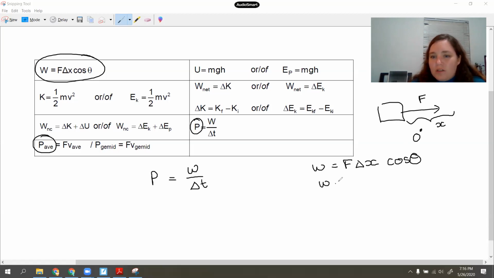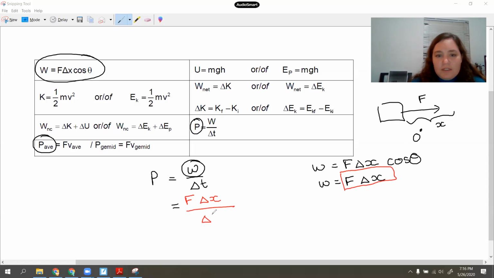Then we can shorten this to work as force times displacement. So I can replace this W with this, and I get F delta X over delta T. So power is equal to force times displacement over time.